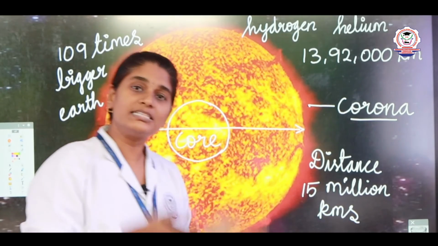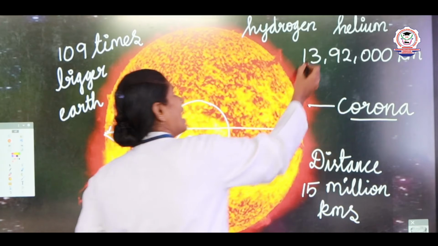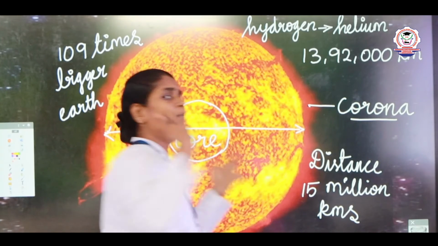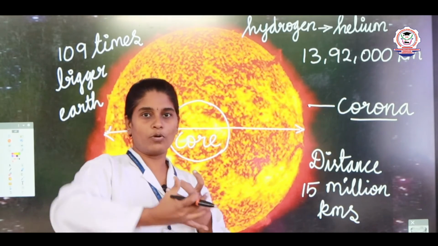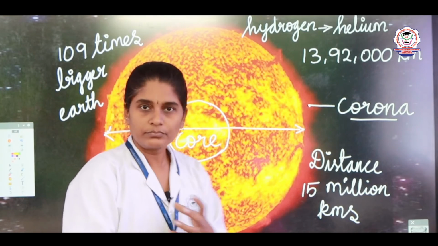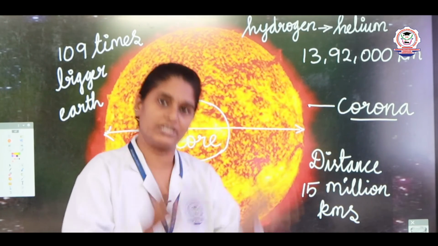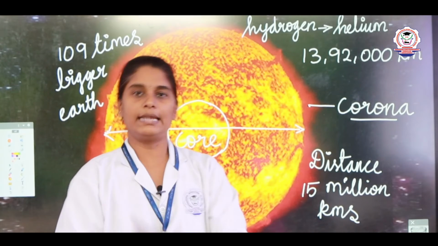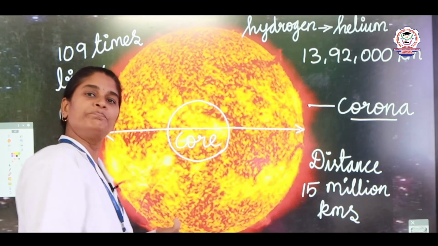Thereby it emits a high amount of heat and light. That is why we get a high intensity of heat and light from the sun. It is because the hydrogen gas is burnt into helium gas. This is what is happening inside the sun.